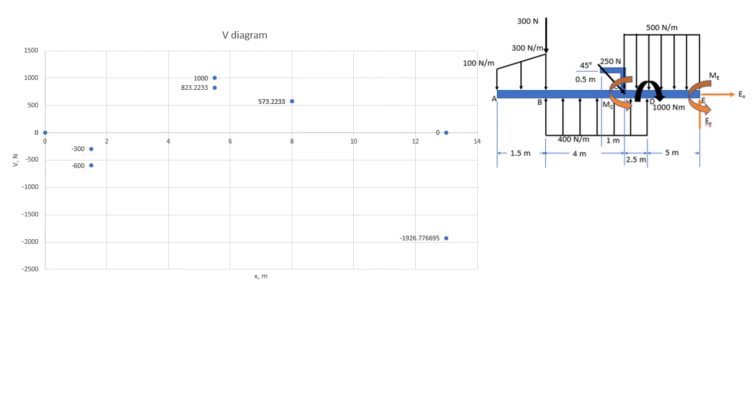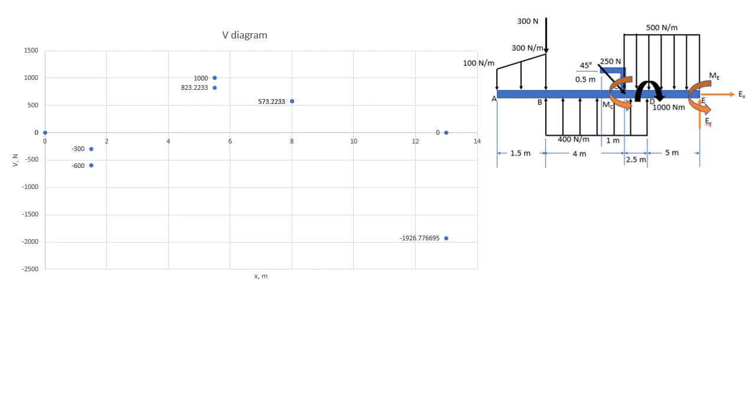Again, you can look at the equation, but as I have taught you in class, you can analyze it through the load diagram. So again, the slope of the shear diagram is equal to the height of the distributed loads at that point.